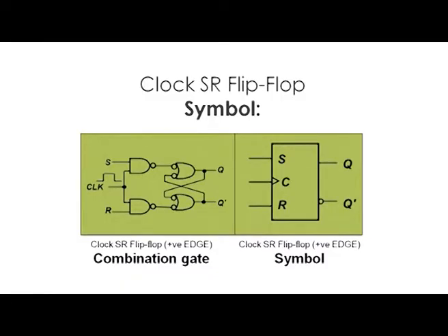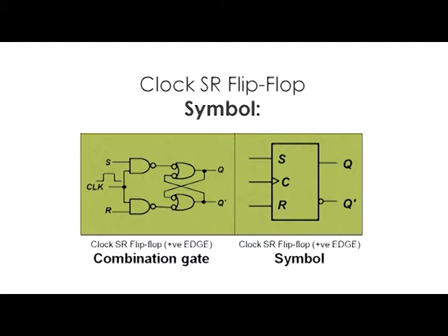This is the circuit symbol and the circuit realization of a clocked SR flip-flop. You can see that the flip-flop is made from 2 NAND gates and 2 NOR gates.